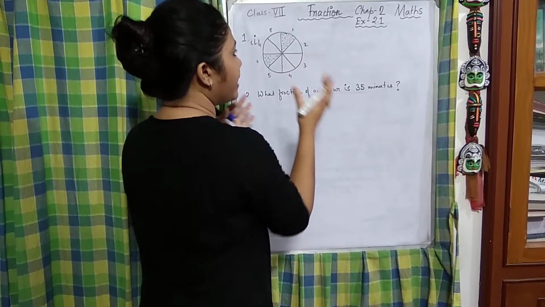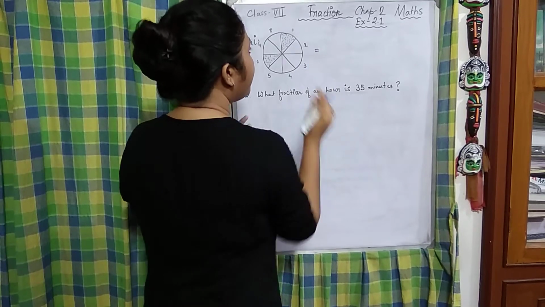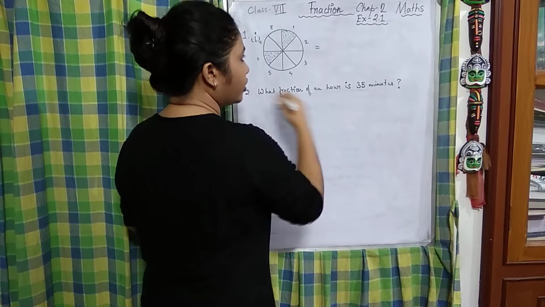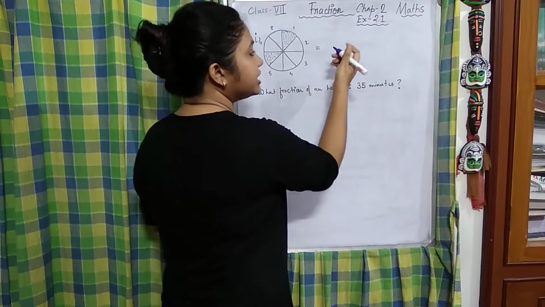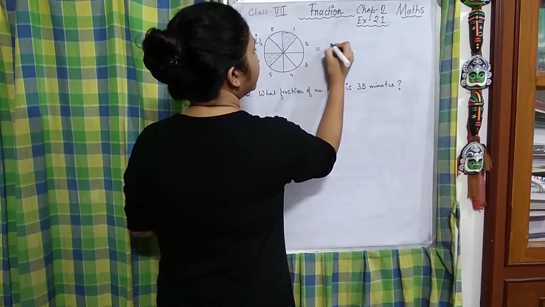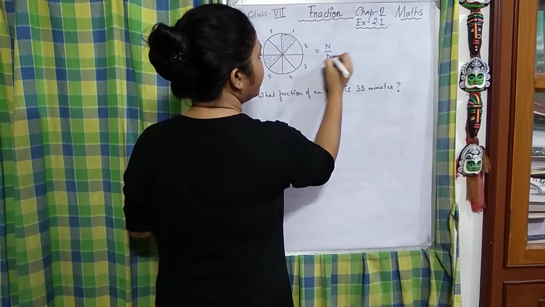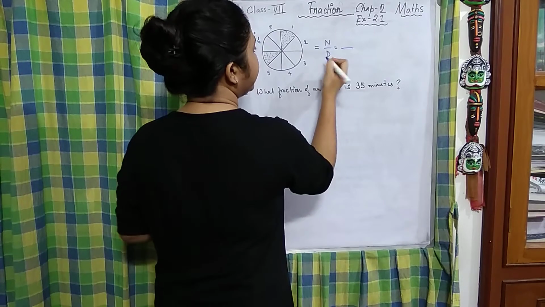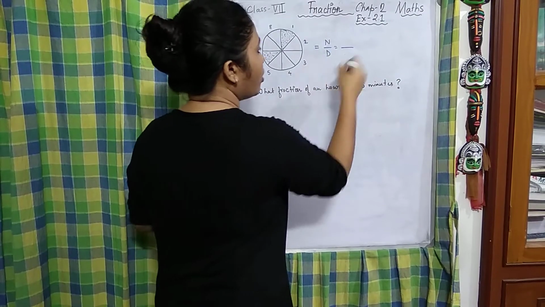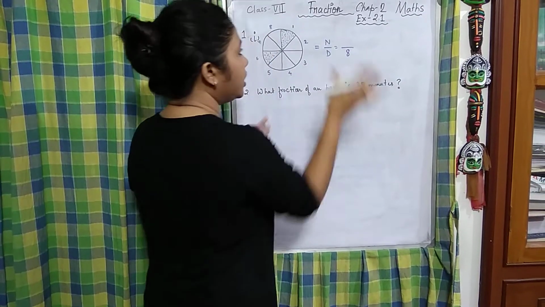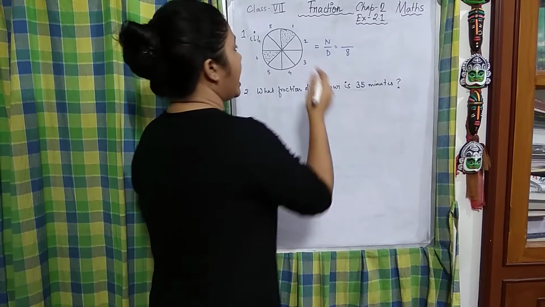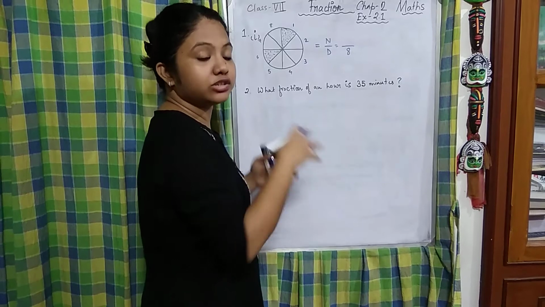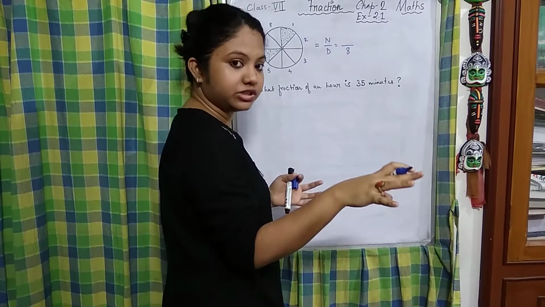Now here we have to show what the parts are. So what are the parts that have been shaded out of the whole? So a fraction is a part of a whole. So here, what will the numerator and denominator be? I have already said that in the denominator we always put the whole number of parts, and in the numerator we always put the number of shaded parts, or the occupied parts, or the used parts.